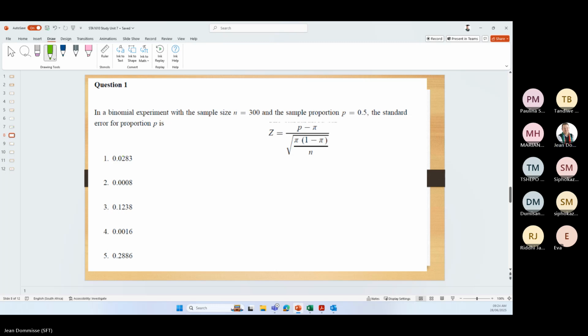So not the probability; we have all the information to work out the Z value and the probability, but we're not going for that. We just want the standard error.